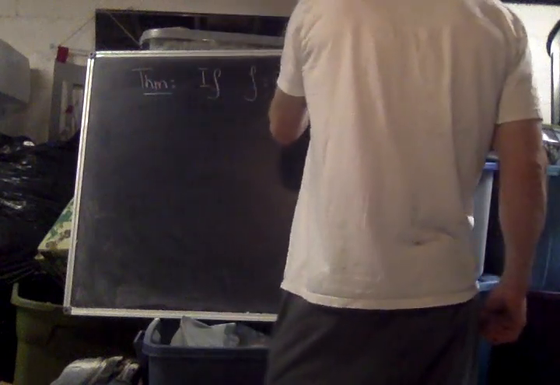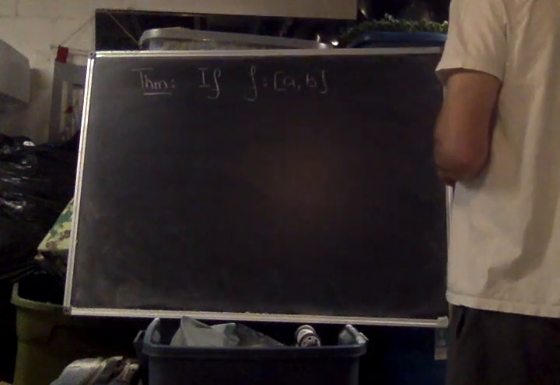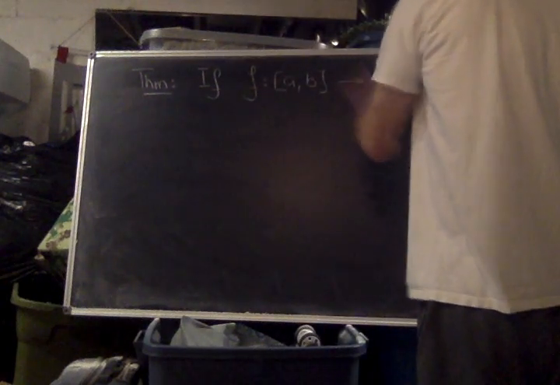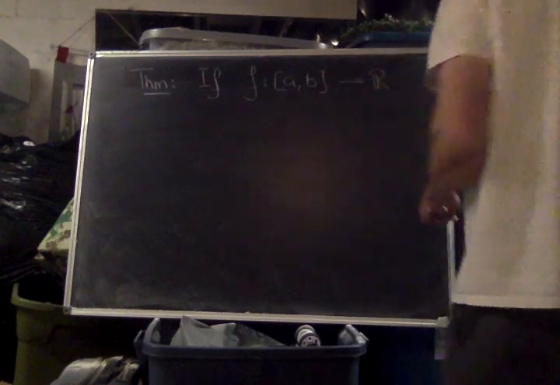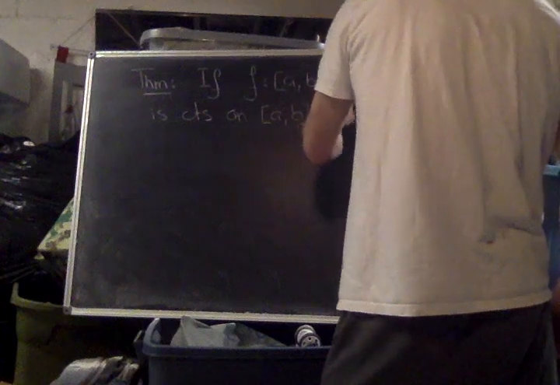If f is a function whose domain is a closed bounded interval [a, b] into the reals, and if it is continuous on all of [a, b], then f is bounded on [a, b].